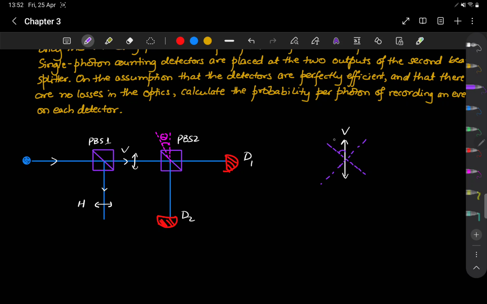So this angle right here is theta. This is the angle that the polarizing beam splitter makes with the vertical.